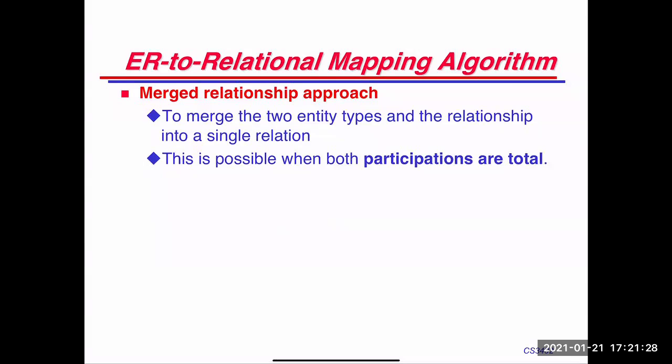Now the second approach here is to use the merged relationship approach. I can do this when both relationships have a total participation. Then what I can do is just merge the two into a single relation. The reason why I can do that is because both of them will have exactly the same number of tuples.